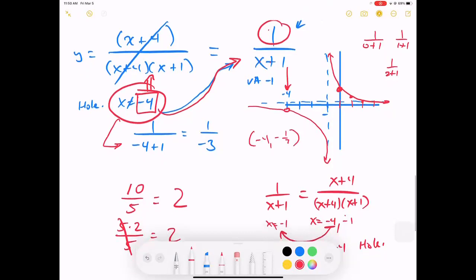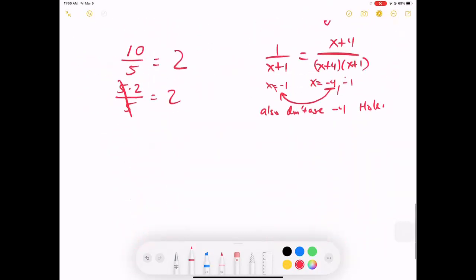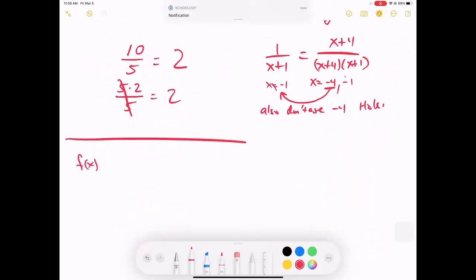Okay, let's do one more problem like this. If I say f of x is equal to x plus 2, x minus 2 over x minus 4, x minus 2.